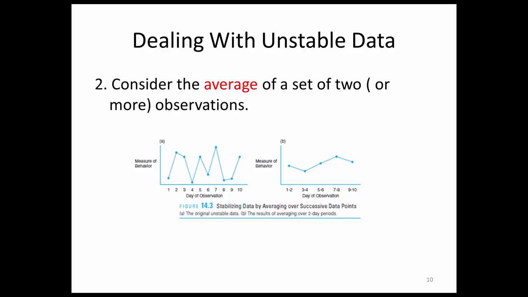For example, in this picture, it's a kind of unstable baseline, and what we can do is just average day 1 and day 2, and day 3 and day 4, and day 5 and day 6. And if you look at the second picture, you see it looks more stable.